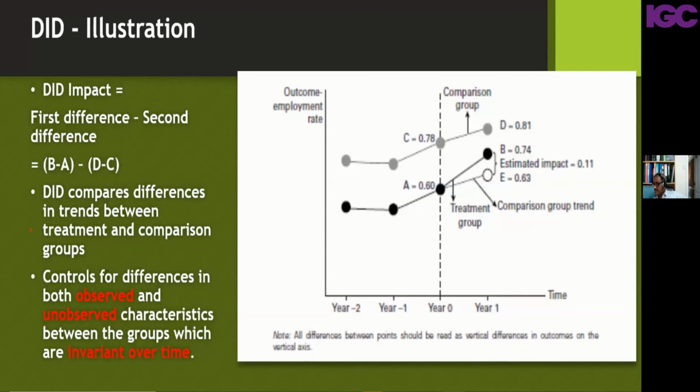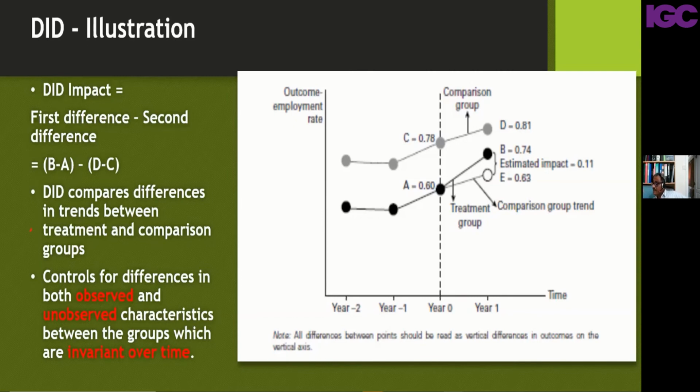So in this case, what is the difference in difference impact? It is simply B minus A minus D minus C. That is the first difference minus the second difference.